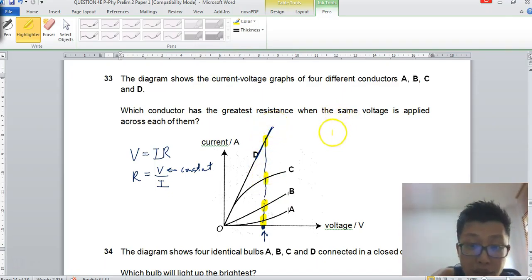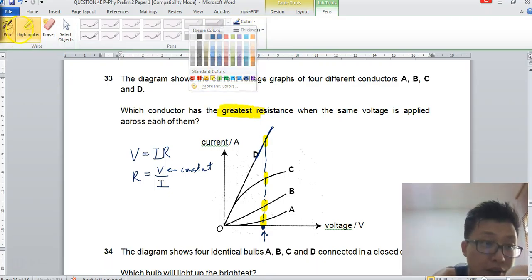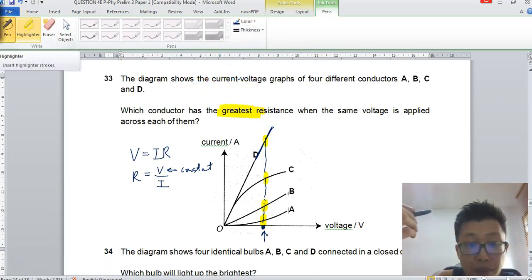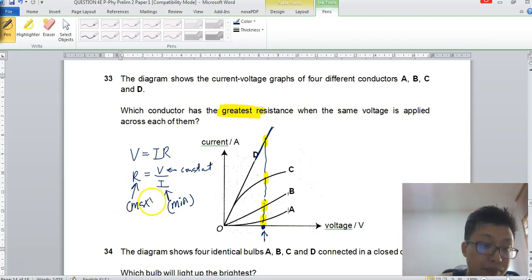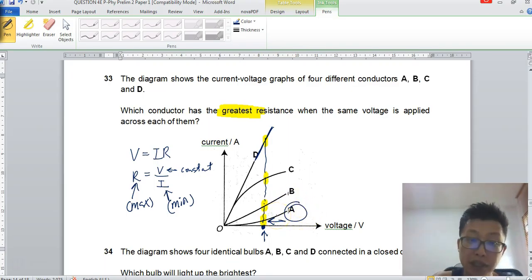So if I want the greatest resistance, I would want a smaller I. Obviously, because my I is at the denominator position, I want this to be at minimum so that my R here will be maximum. So if I look at these intersection points, I will see that this line here gives me the minimum I. So I know that A will be the greatest resistance.